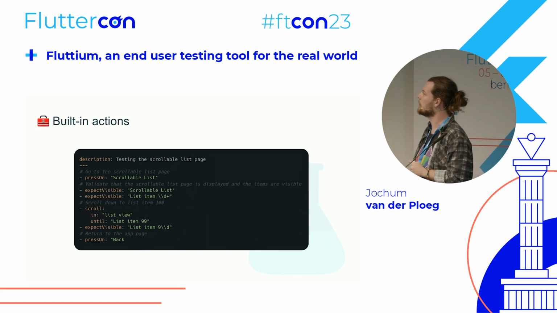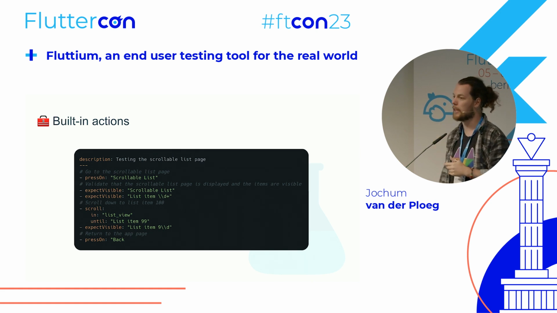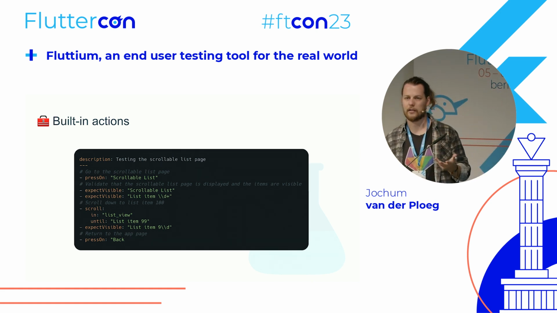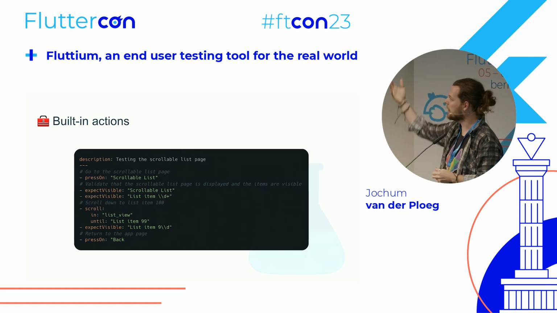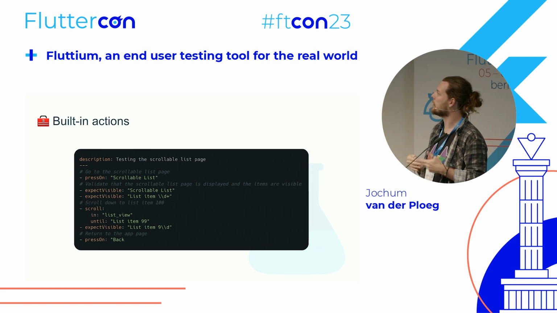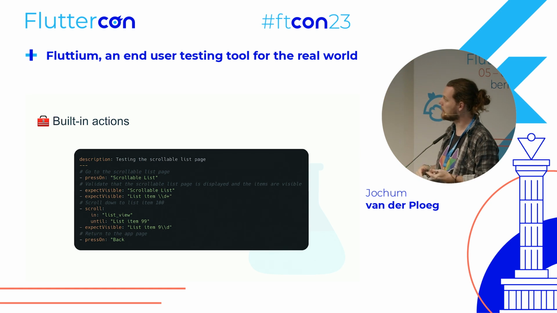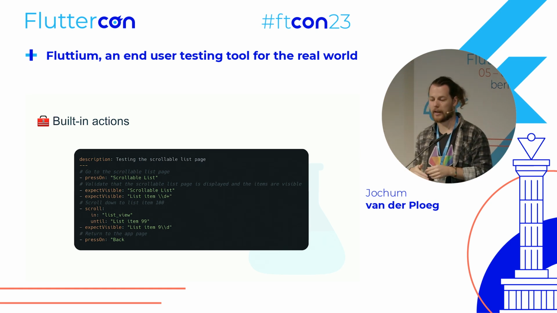Scroll in list view, which as you can see, I didn't name this myself, so it has the default name that Flutter generates, which is not really telling anyone anything, but that's the default name. And then until a certain list item, and then we can expect that a certain value is visible, and you can even apply regexes on it, and then you can do whatever you want after that.